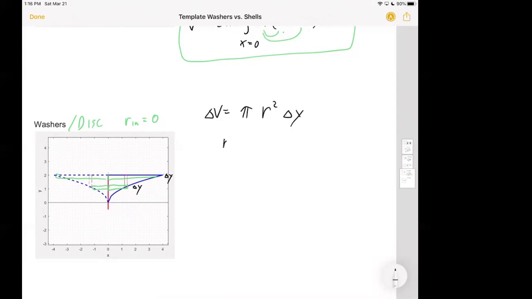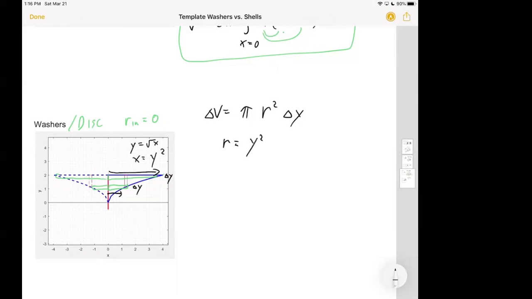So underneath, we just have to write what the r value is. Okay, the r value for those green rectangles is going to go from here out to the curve. So you can see that no matter what, the outer radius is going to be on the curve itself. And the curve, we already talked about this, you could call it y equals the square root of x, but you need to write it in terms of y since we have a delta y, so you better say that x equals y squared.